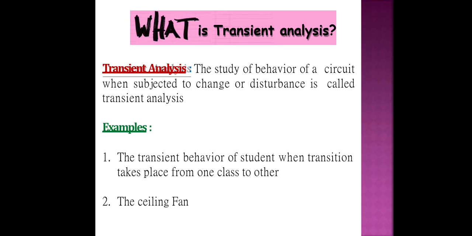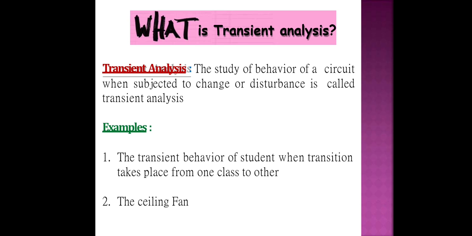For example, take a ceiling fan and how it starts rotating. Or the transient behavior of a student when the transition takes place from one class to another. You will observe that students have slightly different characteristics from class to class, because a student may be interested in some classes and a little less interested in others. That is the behavior of the student from subject to subject.